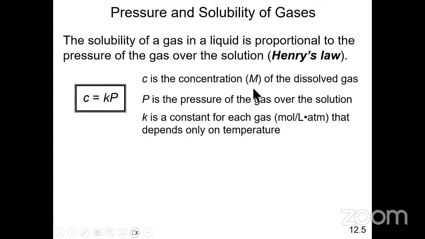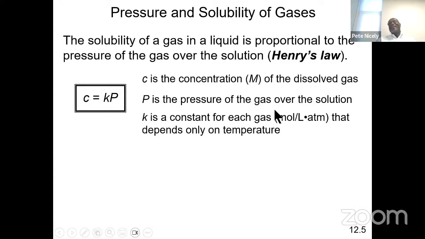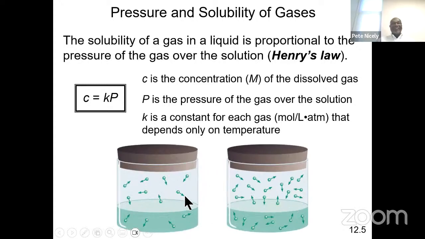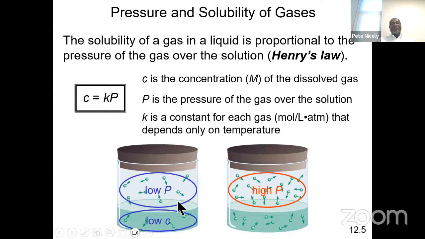C is the concentration, usually expressed in molarity, but not necessarily. P is the pressure of the gas, and P can be expressed in any of the normal pressure units, atmospheres, millimeters of mercury, etc. And K is a constant that is dependent only on the temperature. So if you have a gas trapped above a liquid in a container, and the pressure of the gas is low above the liquid, then the concentration of the gas would be low in the solution.